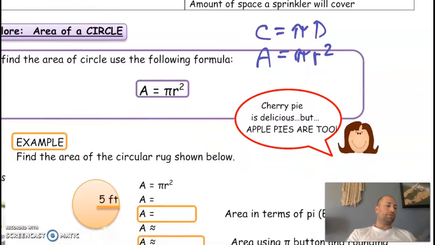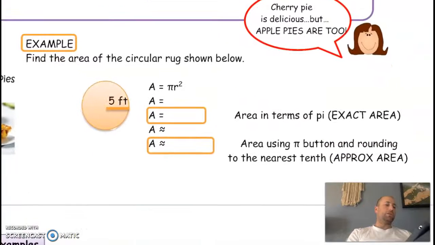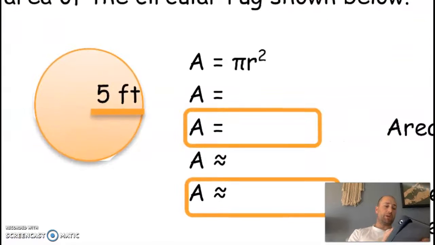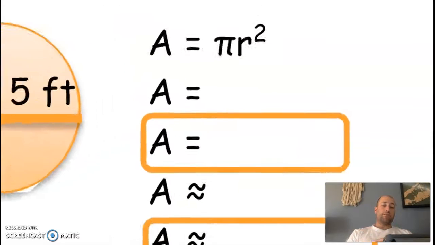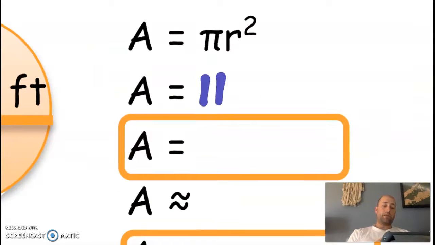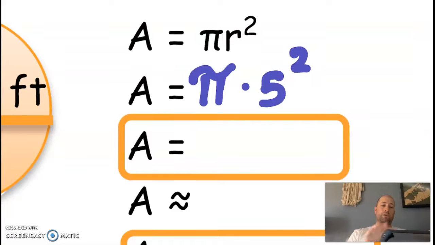So how do we do this? Similar to the way we did the circumference, first we'll start off by writing the formula. Now we're looking for the radius compared to the diameter, which we did in circumference. The radius is 5 feet, so I'm getting pi times 5 squared.